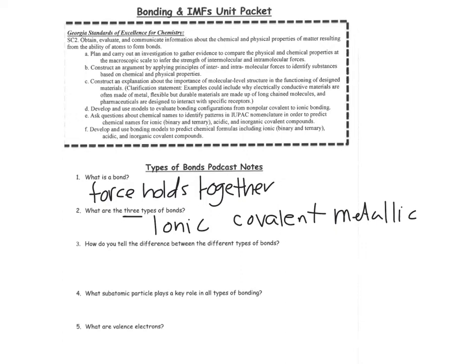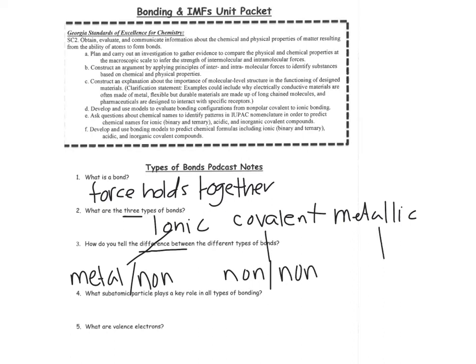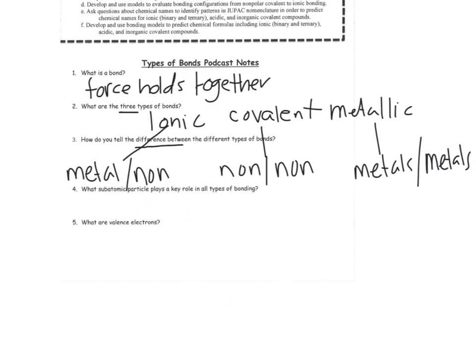You can tell the difference between the bonds because ionic bonds are between a metal and a nonmetal. Covalent bonds are between nonmetals and nonmetals, and metallic bonds are between metals and other metals. The subatomic particle that plays a role in all of this bonding are electrons.